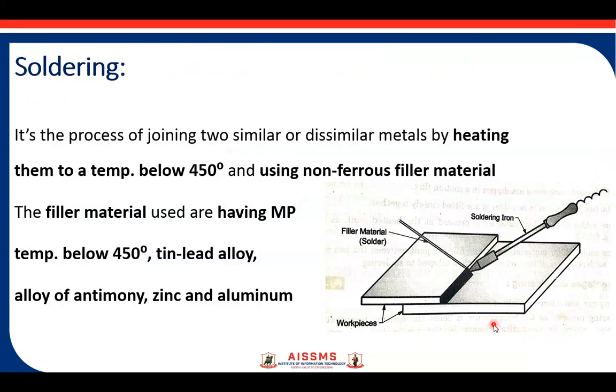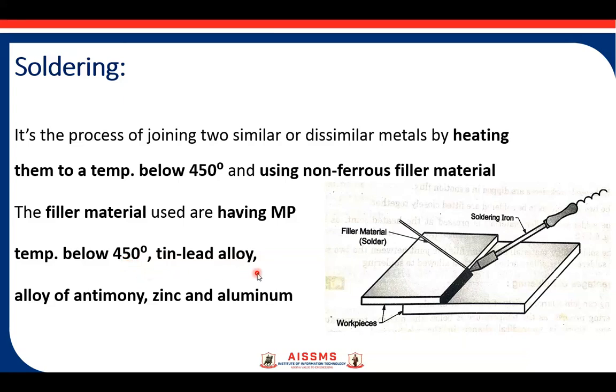Next welding process is the soldering. It is a process of joining two similar or dissimilar metals by heating them to a temperature below 450 degrees Celsius and using non-ferrous filler material. The filler materials used here have very low melting point temperature, that is below 450 degrees Celsius.